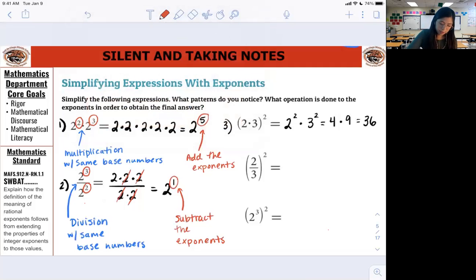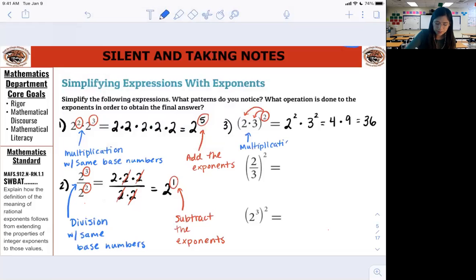What happened in this example is, what did I do with that exponent? Multiplied it? Kind of. It's a little bit like, what is this? Duplicate, there's another word. Distribute, that's the word I'm looking for. So we had multiplication. Did we have the same base number?